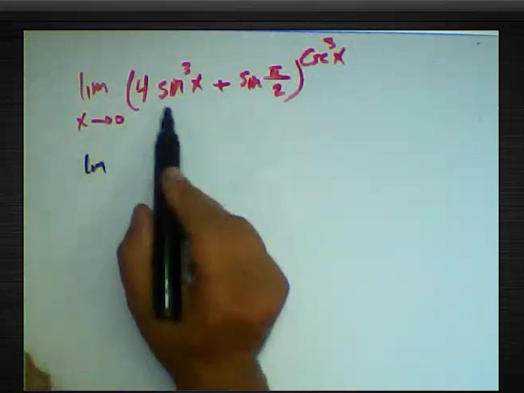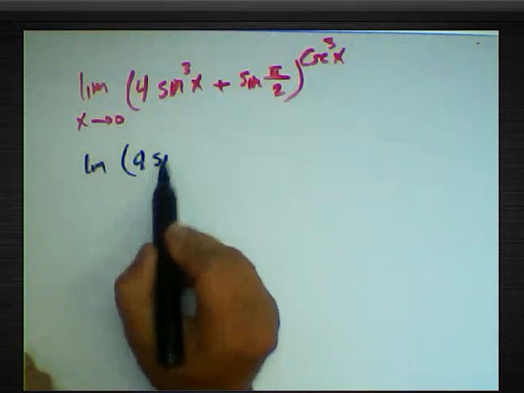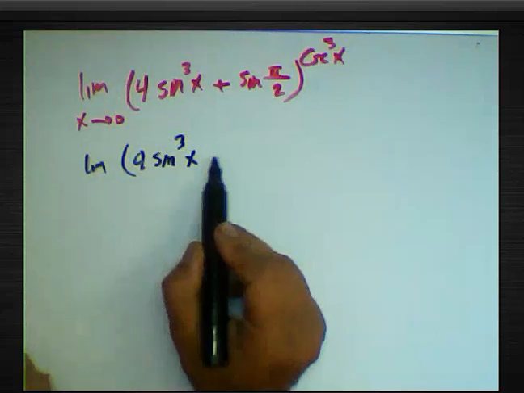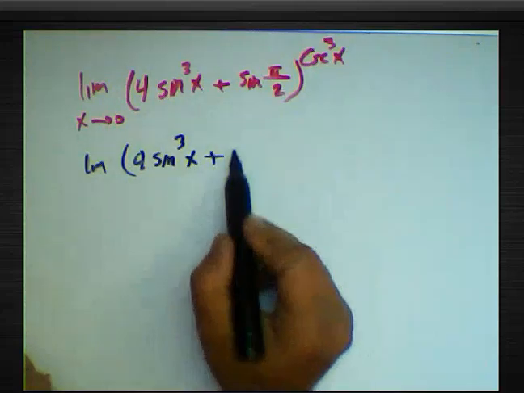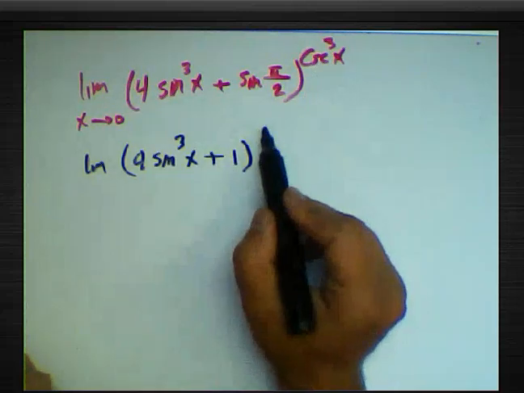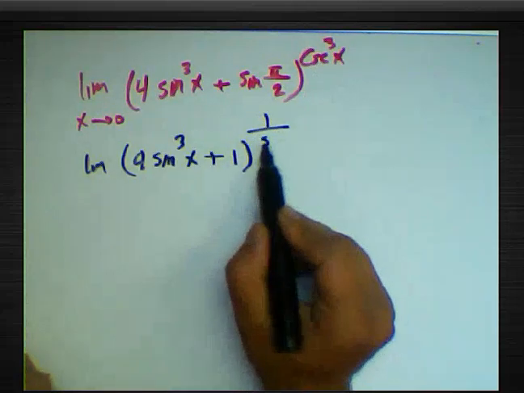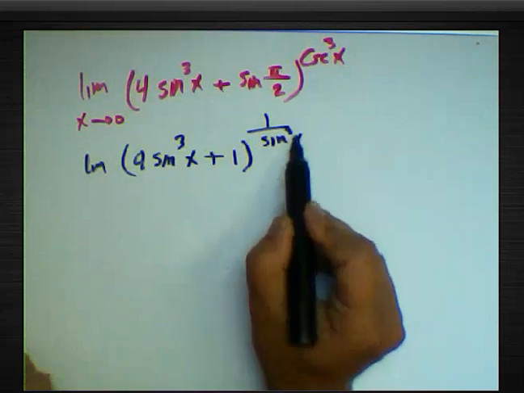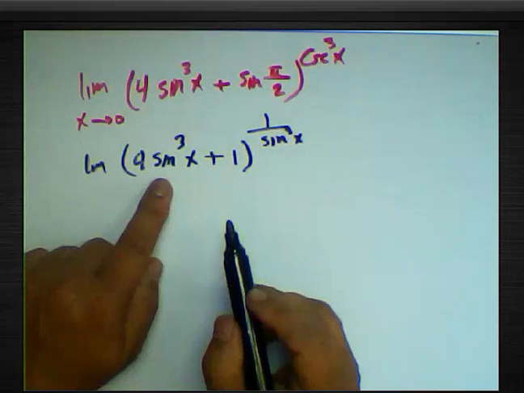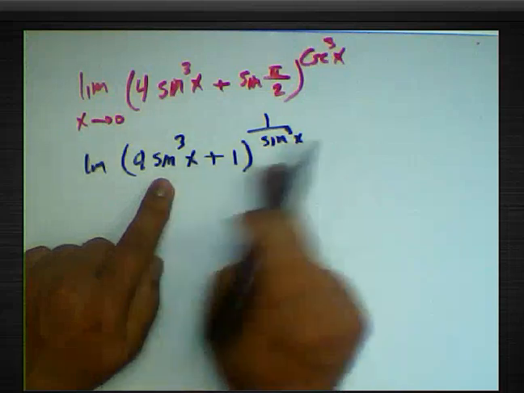Limit when x approaches 0 of (1 + 4 sin³x)^(csc), sin(π/2) equals 1, and we know cosecant is the inverse of sine. We can write here 1 over sin³x. Look at here, sin³x, and this angle, it's like it.